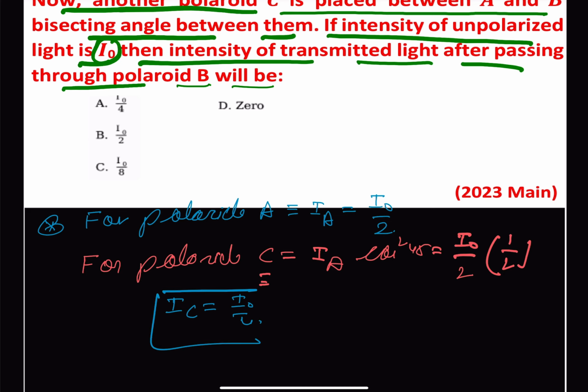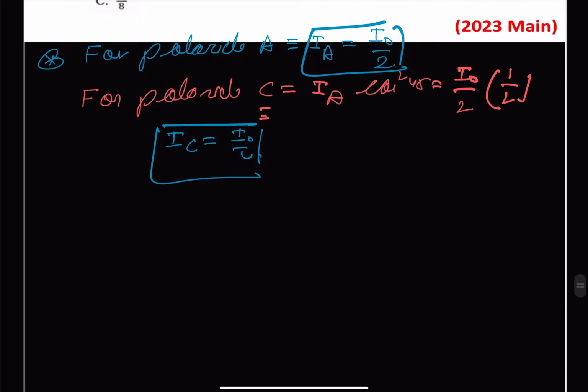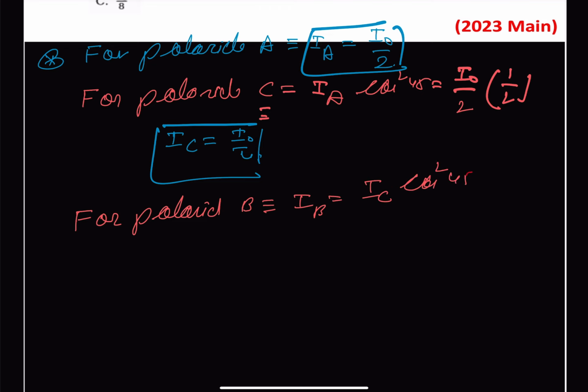And now we come finally to polaroid B. IB will be equal to IC cos square 45. IC is I0 by 4, and cos square 45 is 1 by 2.